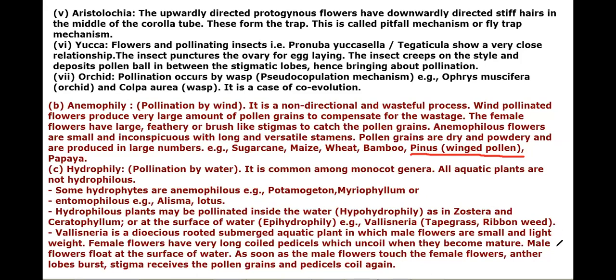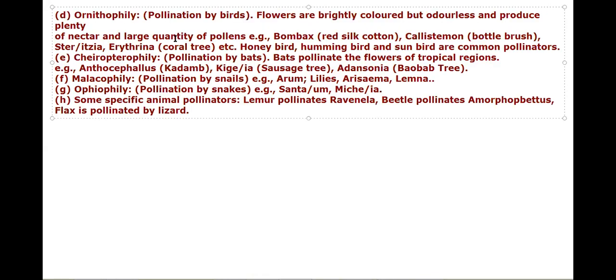Now we'll go to the next page. Here we have discussed hydrophily, entomophily and anemophily. Now we will discuss some special concepts which are very rare, only seen in some organisms. Not all of these rare events are fully true, and a lot of things about them are being found out today. Ornithophily is pollination by birds.